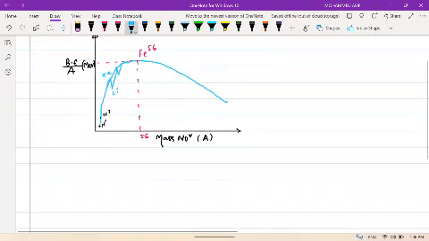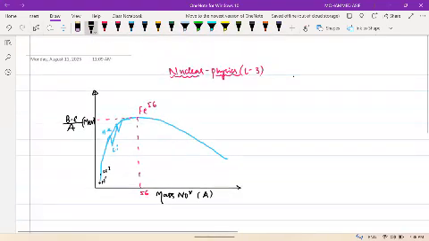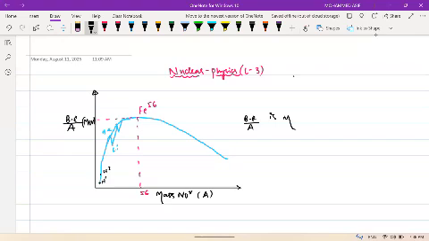So what are the points you need to remember in this one? The binding energy curve is maximum for iron. Binding energy per nucleon is maximum for what? Iron, whose mass number is 56.